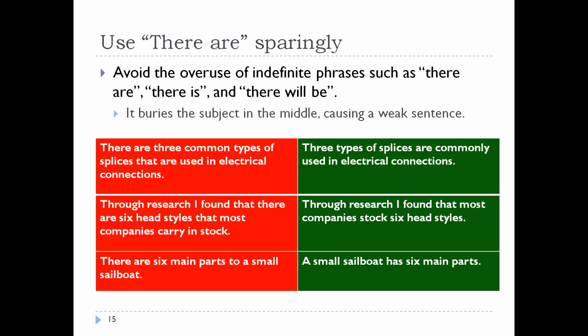That results in a more concise and clearer sentence than the other one. Similarly, the last example: there are 6 main parts to a small sailboat. You can simply say, a small sailboat has 6 main parts. That makes it less wordy and clearer than sentences that use "there are."